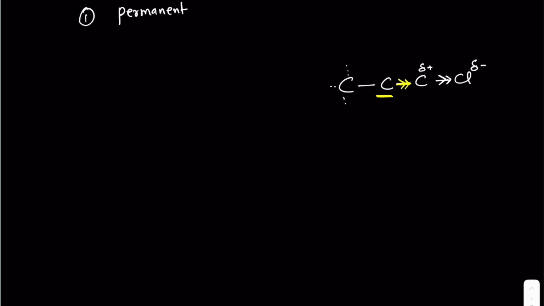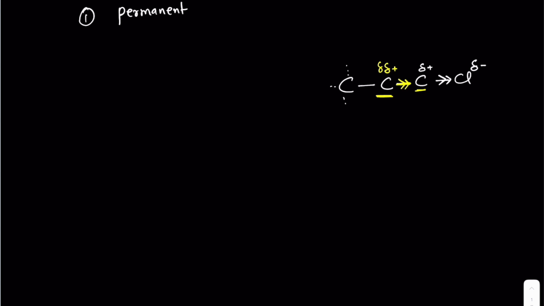And because of this, our carbon atom will also develop some positive charge. This positive charge will be less than the charge induced in the carbon atom next to chlorine, because the difference in electronegativity is much less here. So we call it delta delta plus, smaller than delta plus.